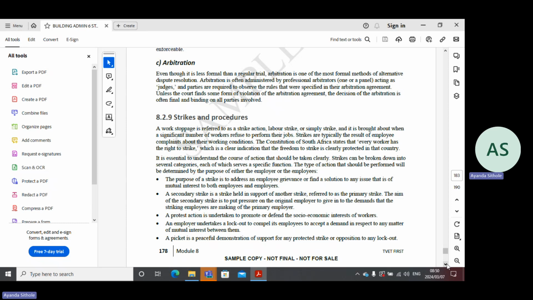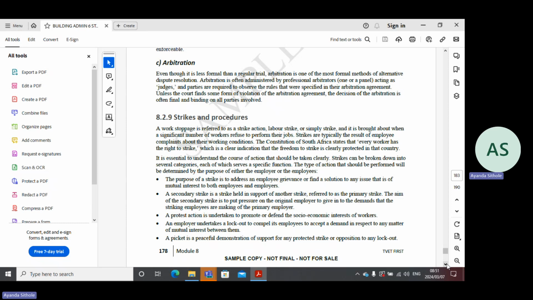So the type of action that should be performed will be determined by the purpose of either the employer or the employees. Okay, the purpose of a strike is to address an employee grievance or find a solution to any issue that is of mutual interest to both employees and employers. A secondary strike is a strike held in support of another strike, referred to as a primary strike.